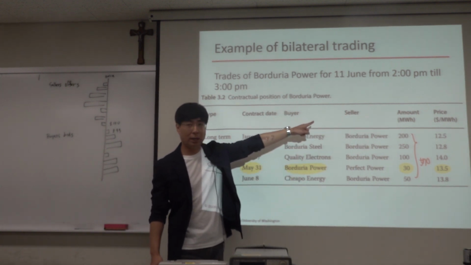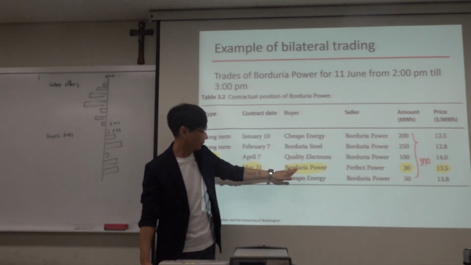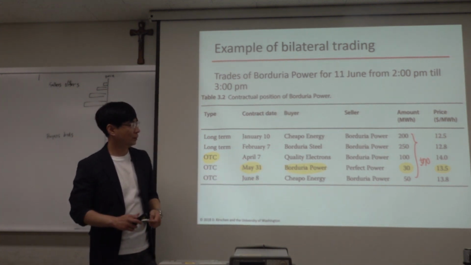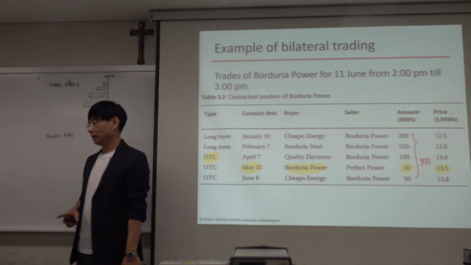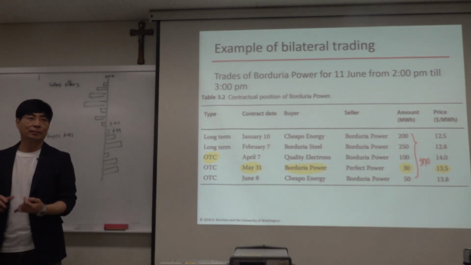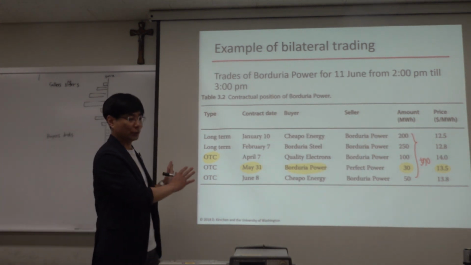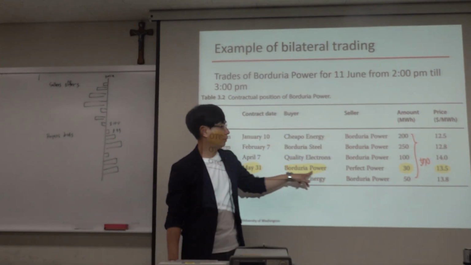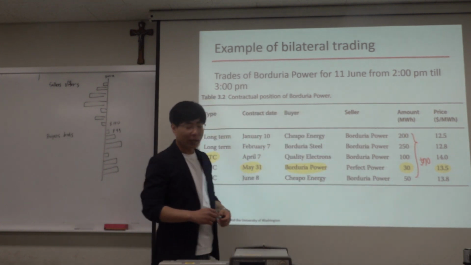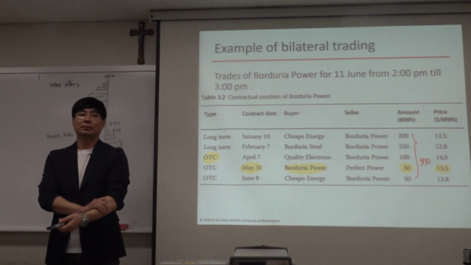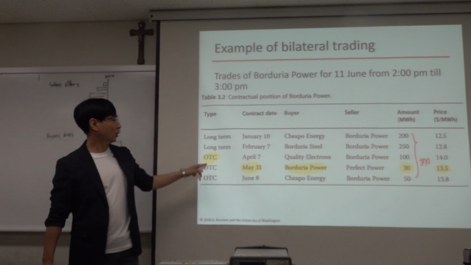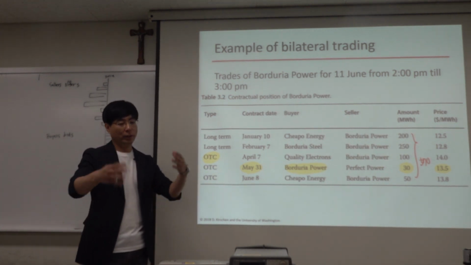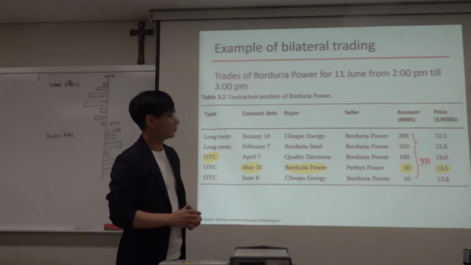Bulgaria Power is the seller actually, but here this company buys the power. Why is that? This is a forward contract. They want to sell it, but here they buy power this much. Why? This is an over-the-counter contract. Anyway, the price changes over time.